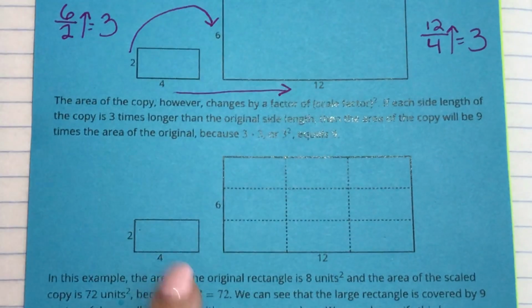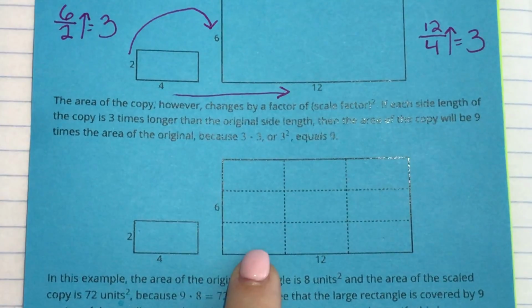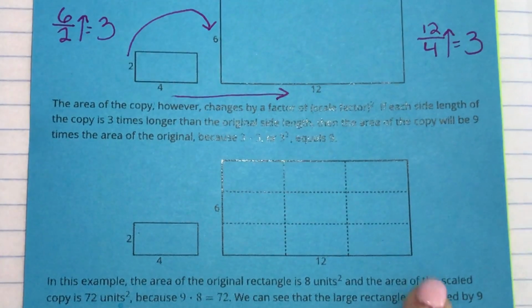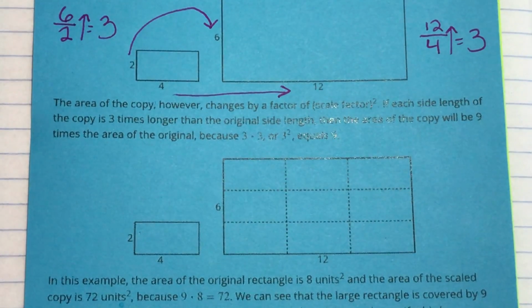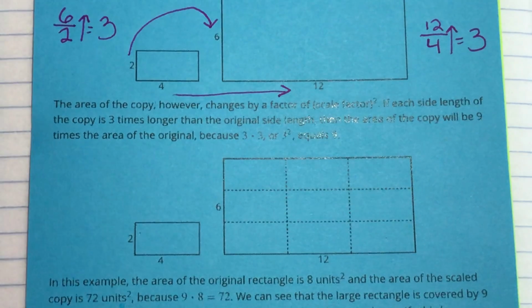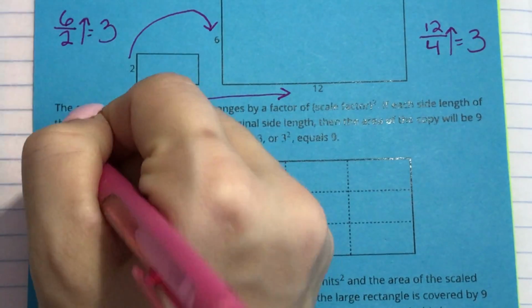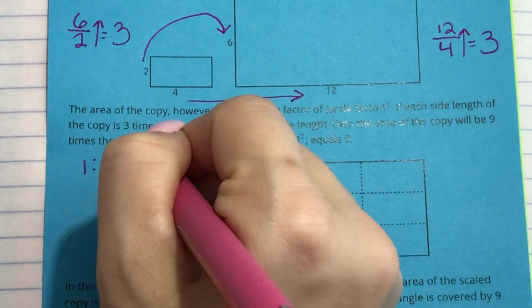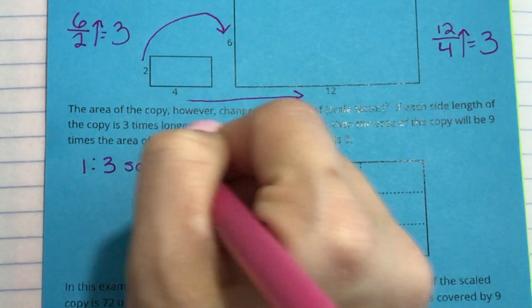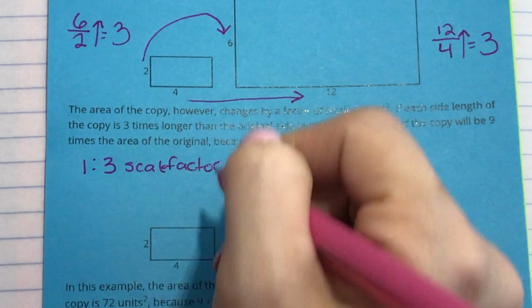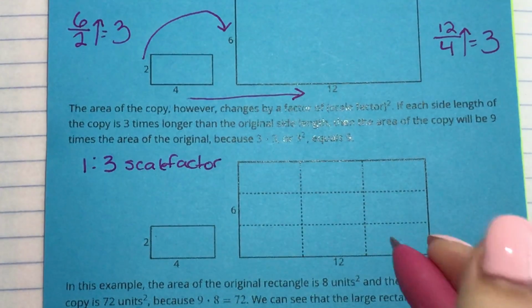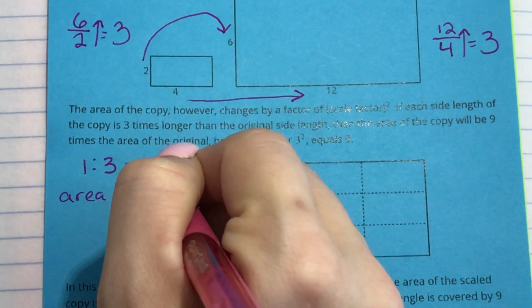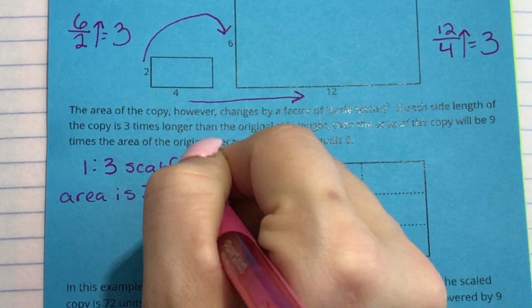So think of it this way. 1, now it's 3. It's 3 times bigger. So it's going to triple the actual area. So if the scale factor is 1 to 3, then the area is 3 times bigger.